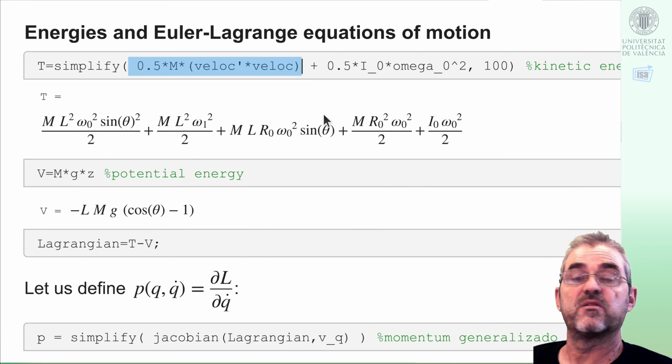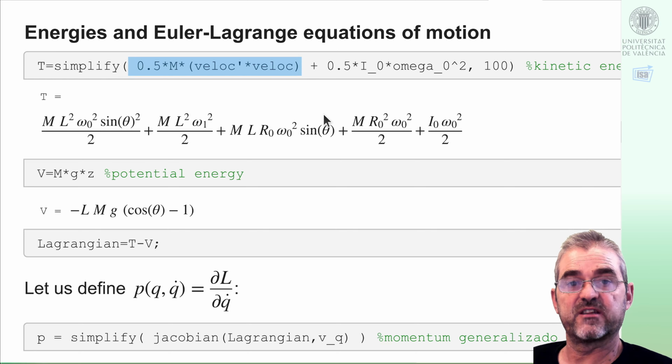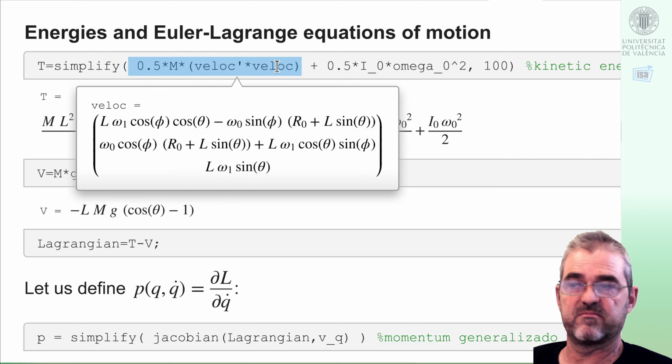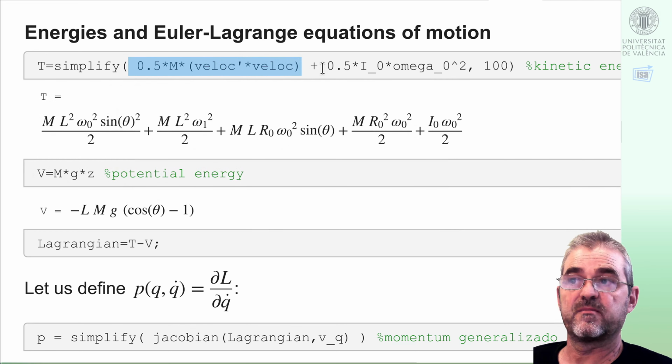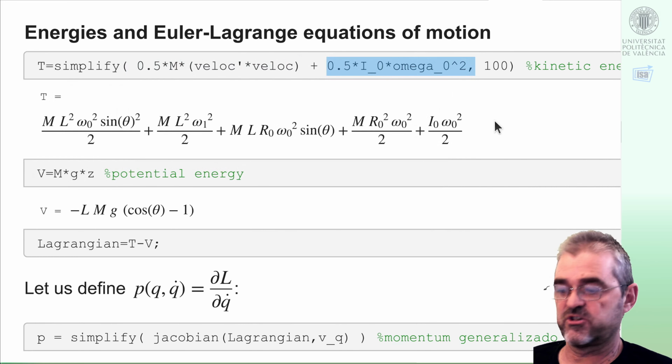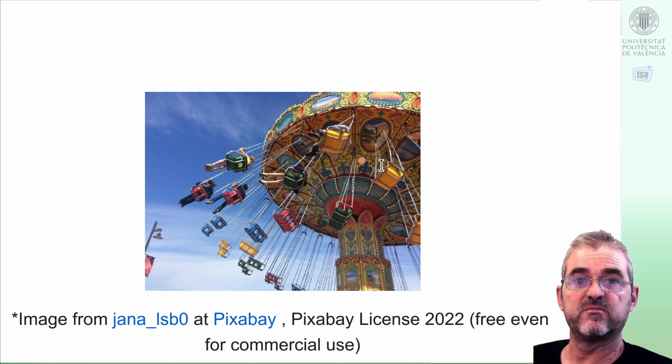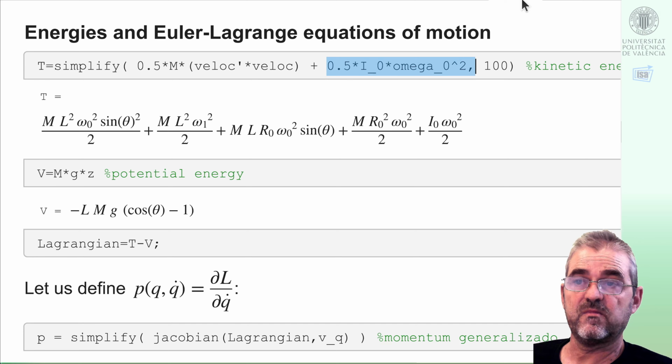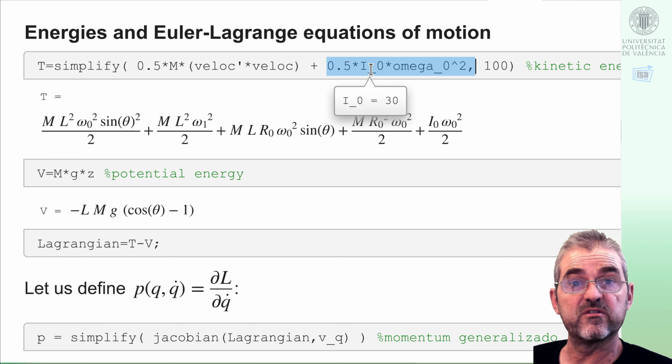Well, this is the kinetic energy of the suspended mass, 1/2 mass times velocity squared, and of course, as velocity is a vector, we need to put the modulus of the velocity vector squared, which is the vector transposed times itself. And this is the kinetic energy due to the rotation of the top platform from which things hang, which is 1/2 moment of inertia times angular speed squared.